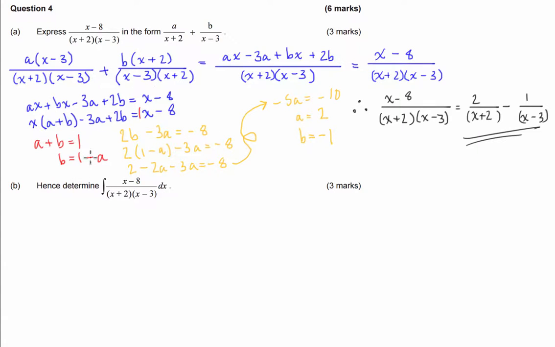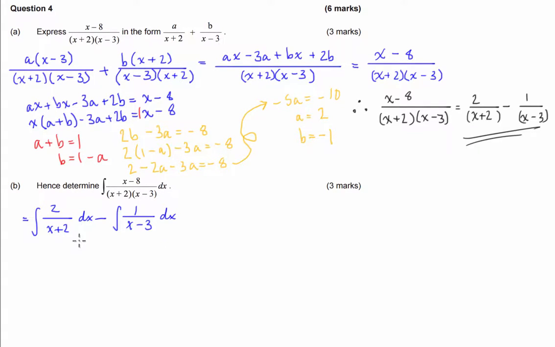The reason that it asks you to split this rational function into its partial fractions is because it makes the integral a hell of a lot easier. Because we're going to be able to say the integral of this is going to equal the integral of 2 over x plus 2 dx minus the integral of 1 over x minus 3 dx.